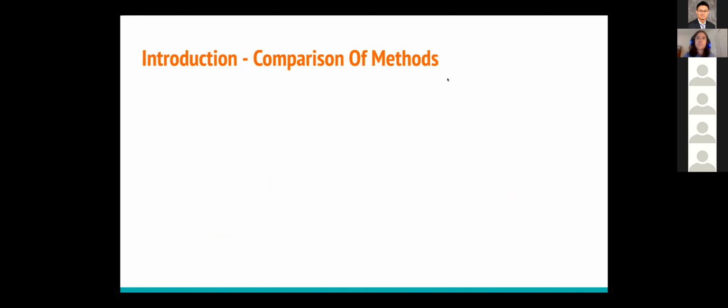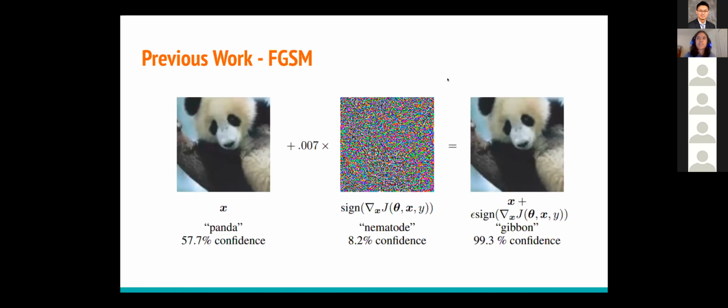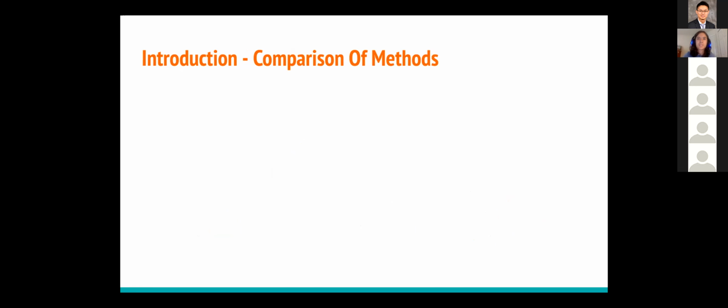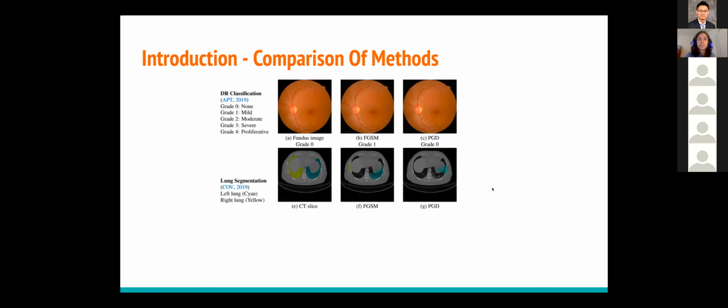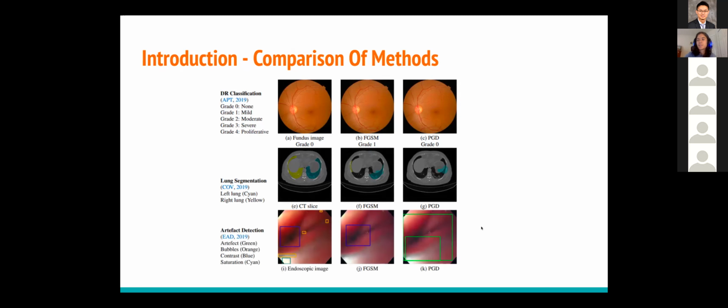In the medical imaging field, there are many tasks that we have to perform on different types of images. The authors of this paper provide a few that I will go over, such as classification of severity using fundus images. Another one is segmentation of lungs for a COVID dataset. Another task might be object detection.